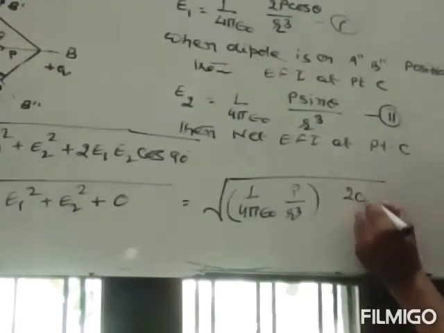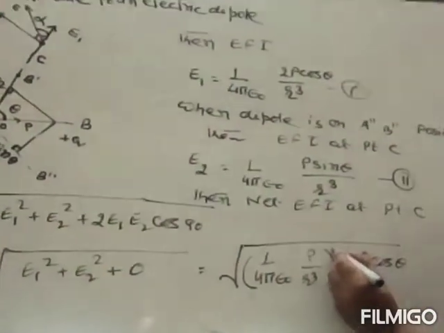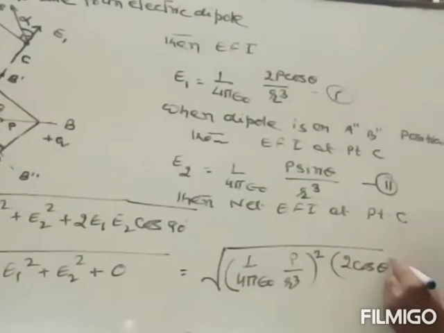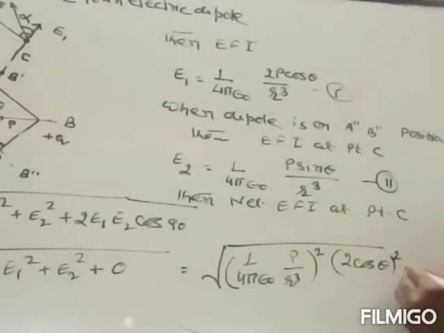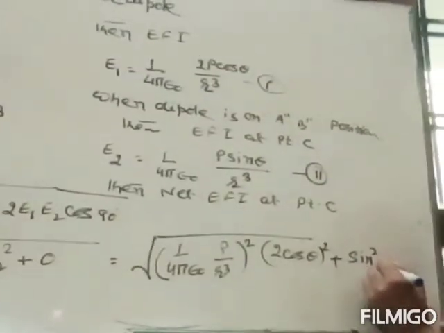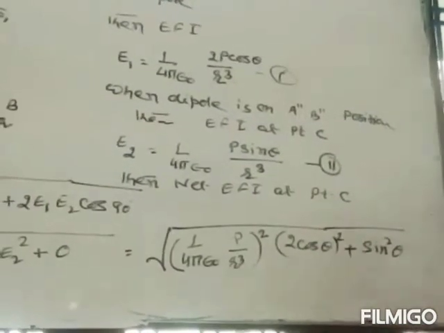Here it is 2 cos theta square plus sin square theta. Clear?